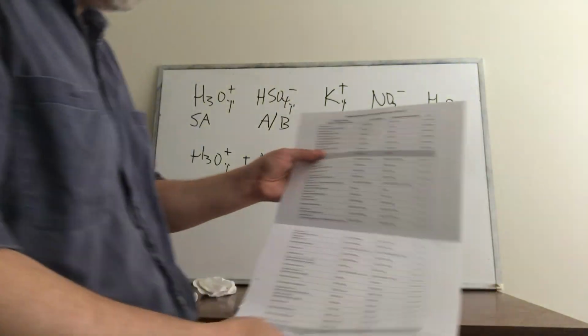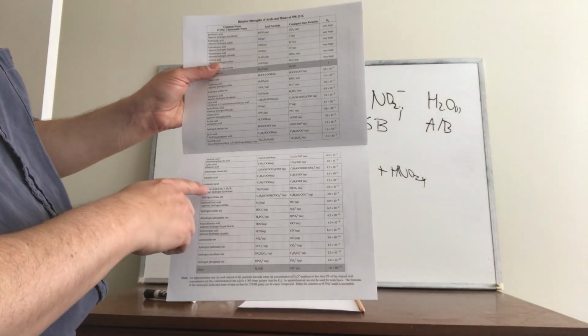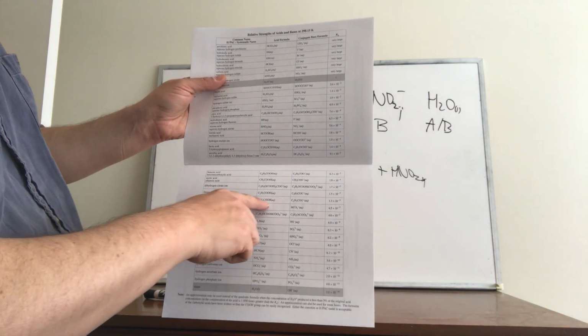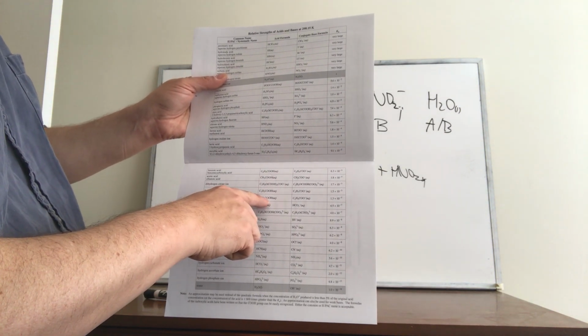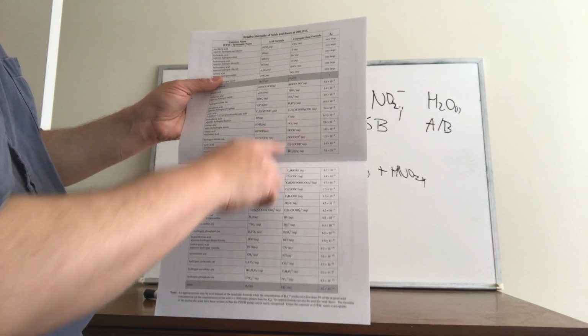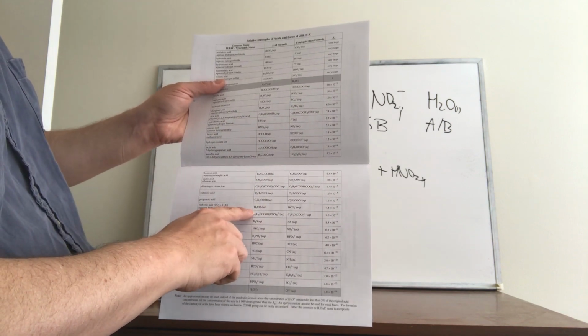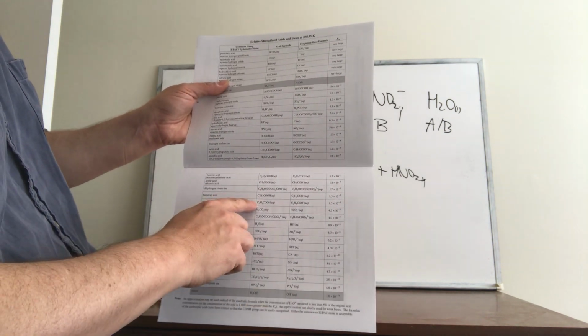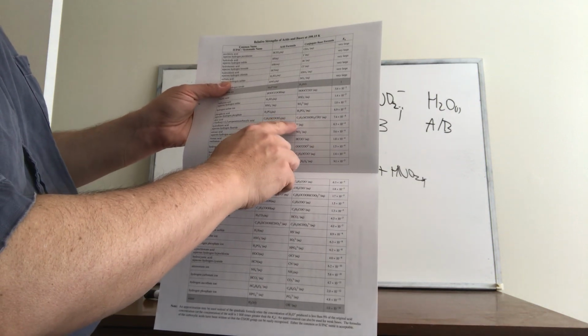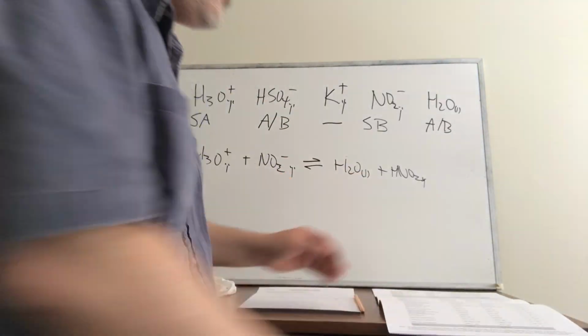If instead my acid, let's say I'm using propanoic acid, is below my base, let's say I have F-, I go from propanoic acid upwards to my base, that would be less than 50%.